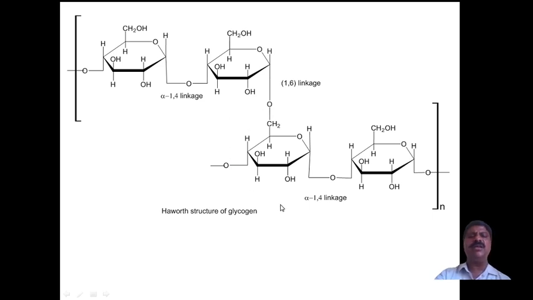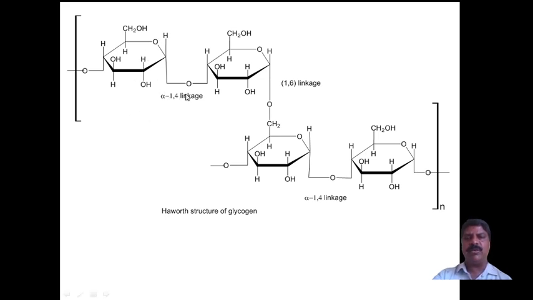There is no change, except that branching takes place after 8 to 10 glucose residues, versus 24 to 30 in amylopectin. So the structures are the same.